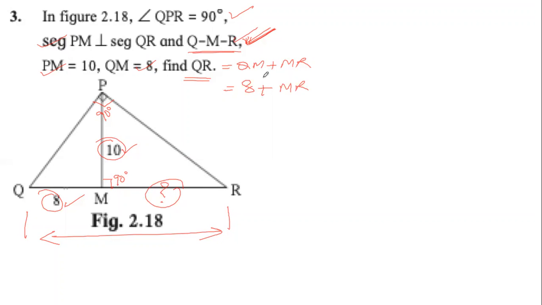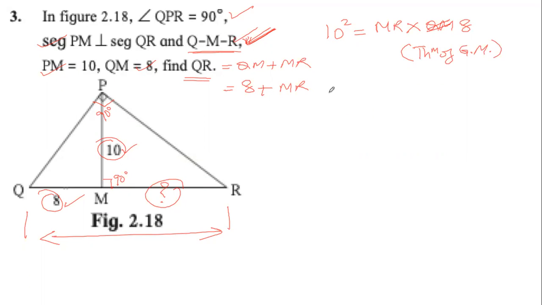Now it is very clear that the theorem that we can use is the theorem of geometric mean. What will we say? We will say 10 square equals MR into QM, or we can directly write into 8. Within the bracket, we will write theorem of geometric mean. I have written it in short, and this is acceptable.